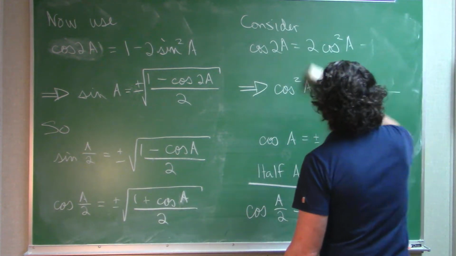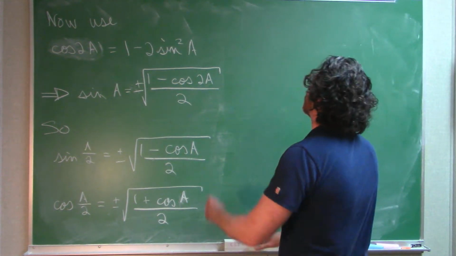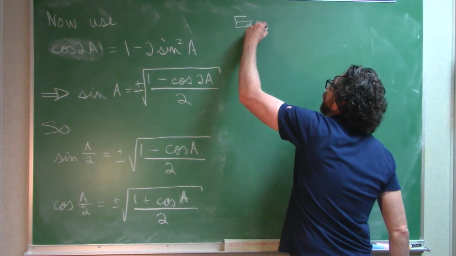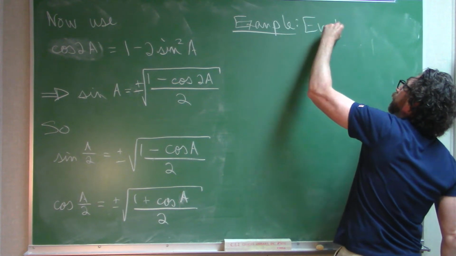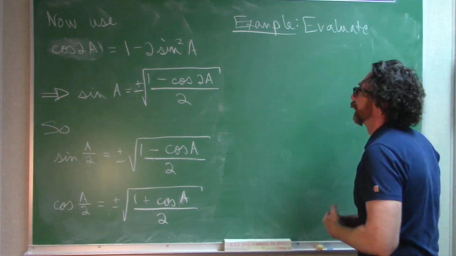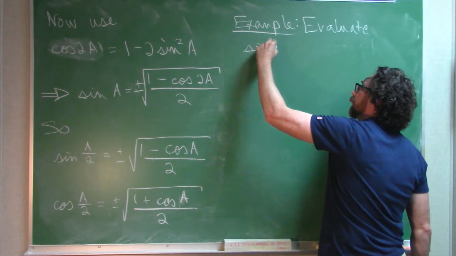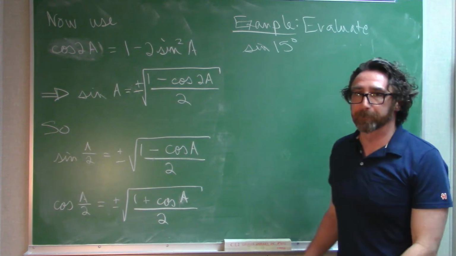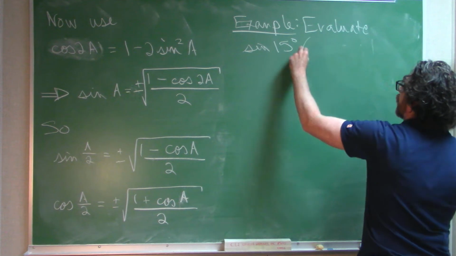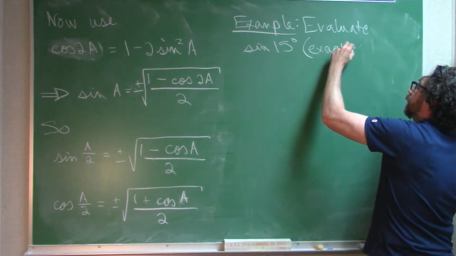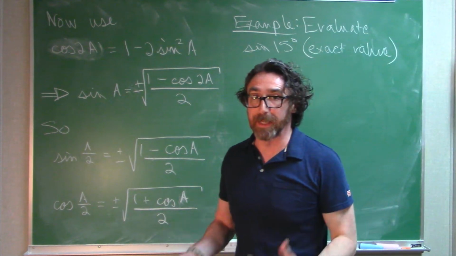Okay, so let's do a quick example. Evaluate, oh, what shall we do? Let's do sine 15 degrees. Remember, if I'm asking you for an exact value, which is what I really mean here, it's going to have to be something that's related to a special angle.